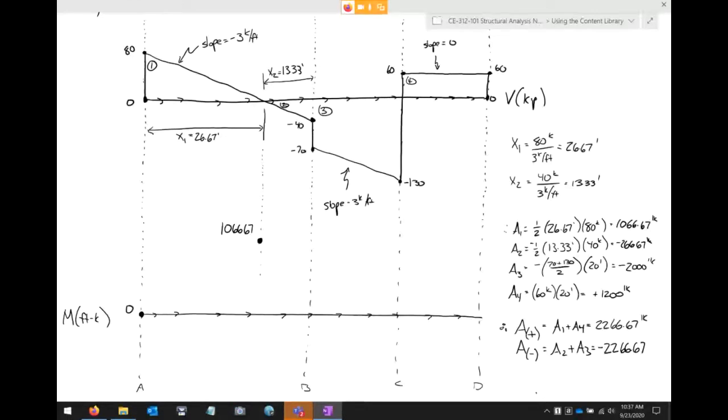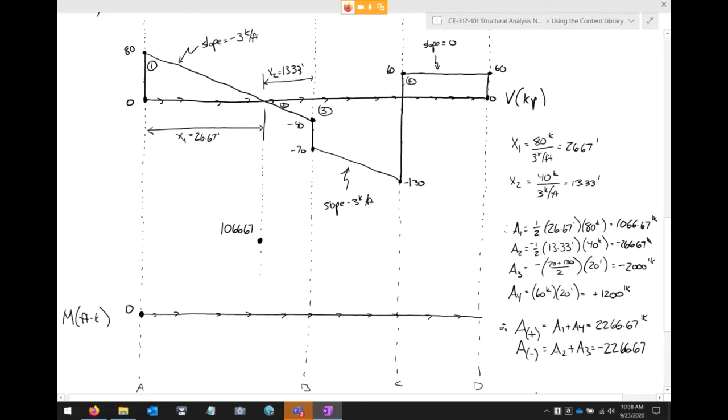All right. Now let's talk about shape. First off, we have a linear shear diagram in this region. This is a line, this region up here. So if we have a line up here, this has got to be curved. It's got to be a parabola. It's got to have a curve to it. So here's my question. Is it option 1 or option 2?